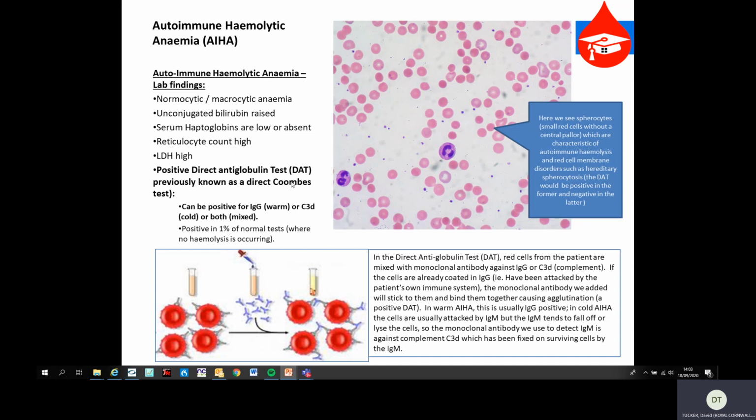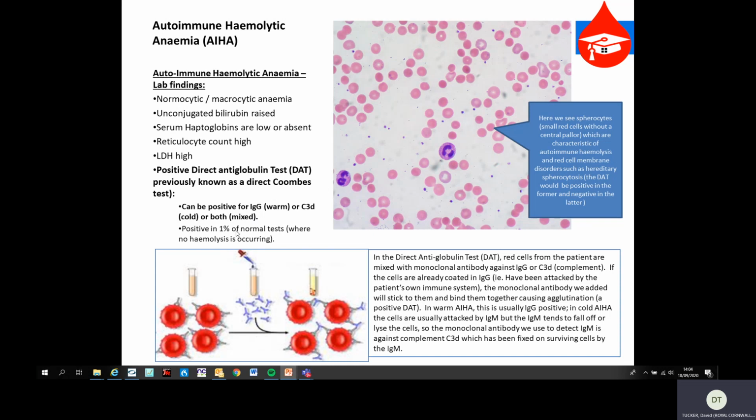And then the DAT, the direct antiglobulin test, which used to be known as the direct Coombs test. It can be positive for warm, so that's IgG, if there's IgG stuck to the red blood cells, or for cold, so that's C3d, which is a bit of complement stuck to the red blood cells. And sometimes it's positive for both in a mixed picture.